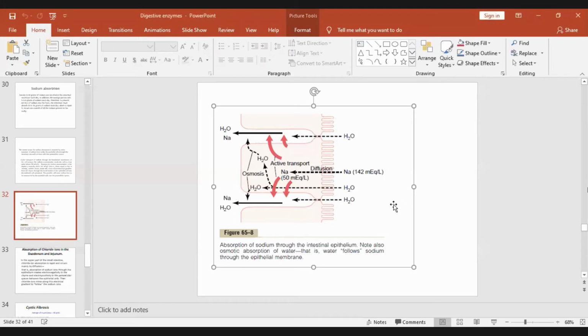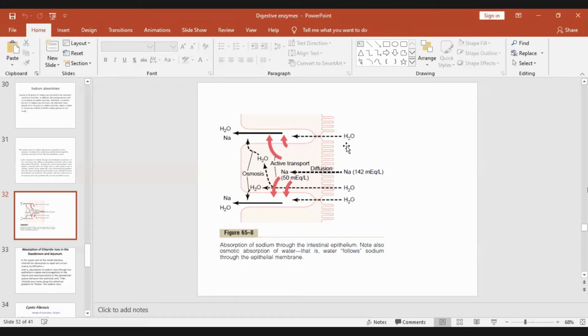And another thing, when sodium is being absorbed, the water also follows the direction. Water follows salt, water follows sodium through the epithelium. So because of this osmosis, first sodium is being transported.